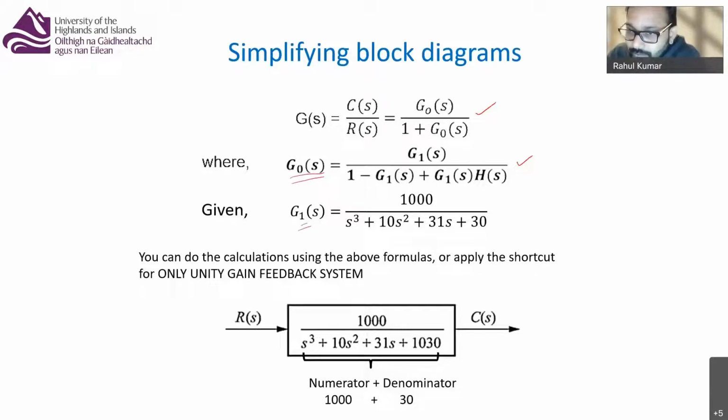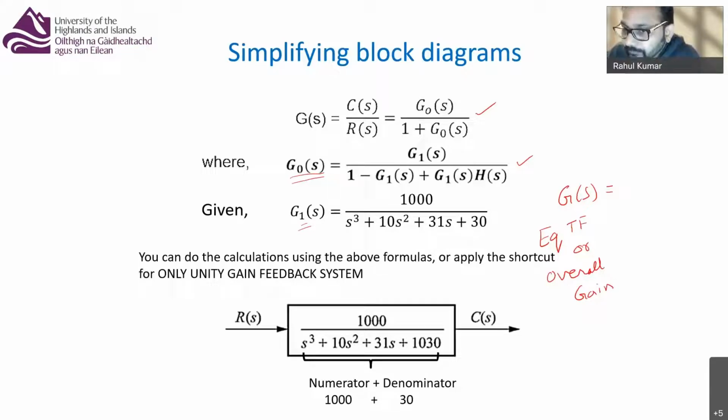Now, if you do the calculation, you would end up getting G of S, that is your equivalent transfer function, or we sometimes call it the overall gain of the unity gain feedback system.